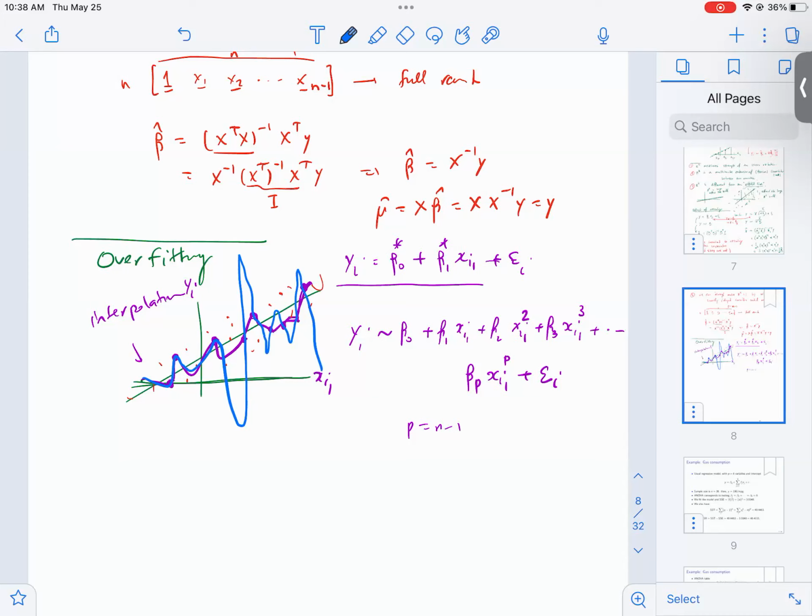This is still a perfect fit. It could happen, but it's going to be bad for future data points, because the future data points are going to be close to the line. This part, where you haven't seen any data yet, had to twist itself to pass through these points. And so this is going to be very bad.